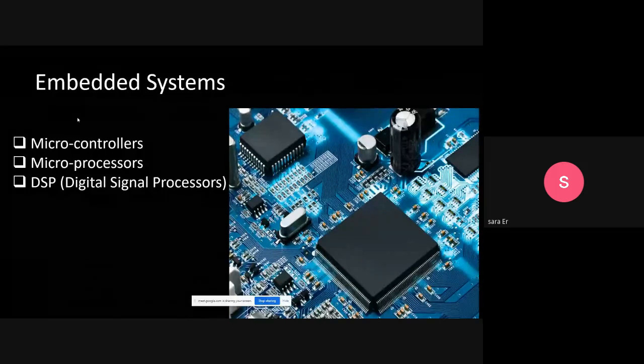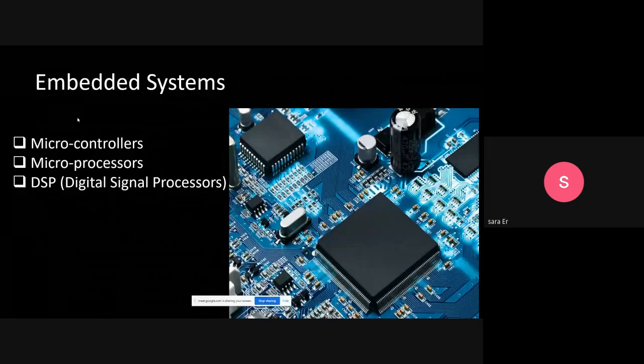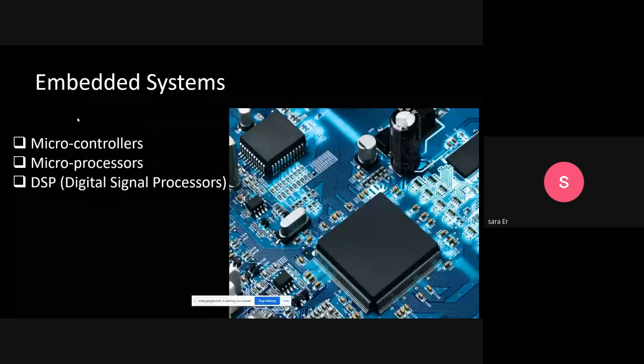Inside this board, there are some black areas that are ICs. These ICs are from 3 different categories. They might be microcontrollers, microprocessors, or DSP ICs. DSP means digital signal processors. There are some differences between these 3 types.